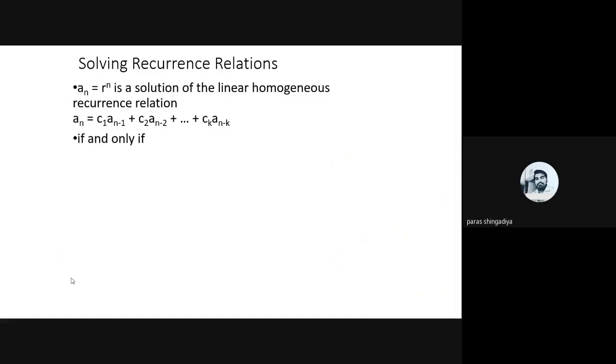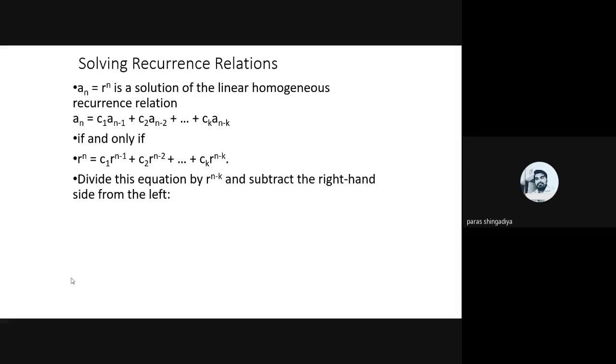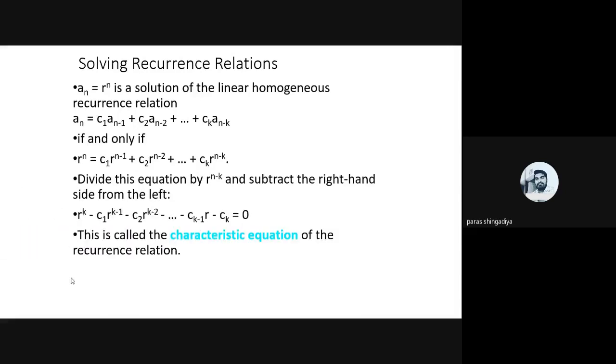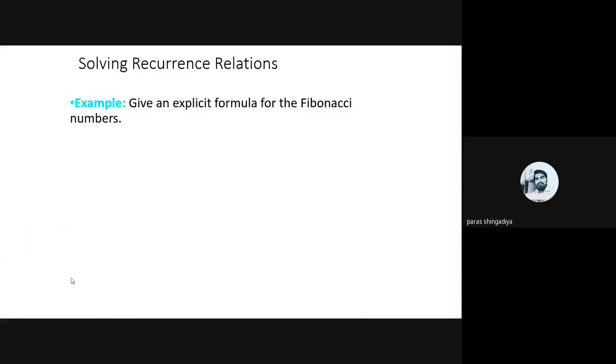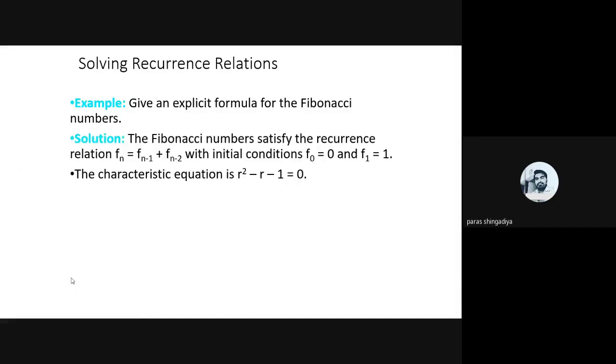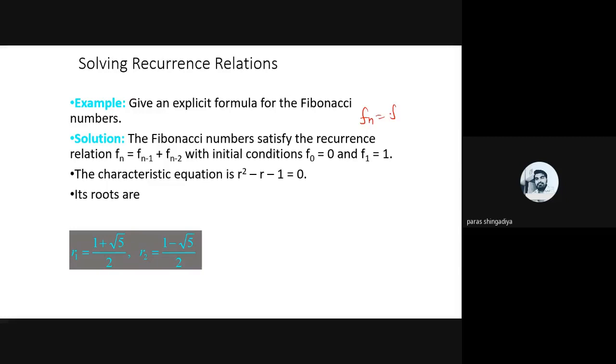Second example. That is for the Fibonacci sequence. Okay. We have the recurrence formula of the Fibonacci sequence, that is Fn is equal to Fn minus 1 plus Fn minus 2.